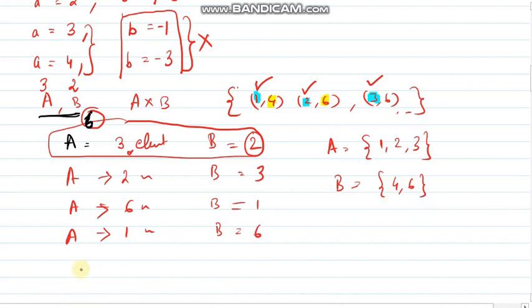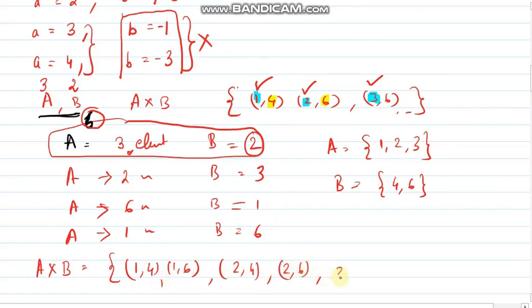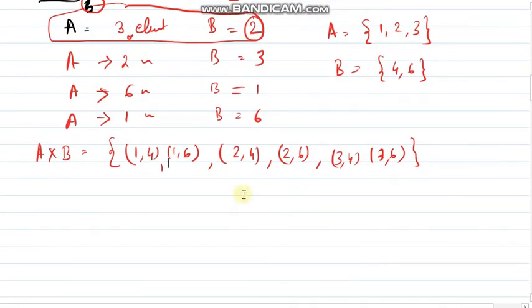So if I have to write all the ordered pairs of A cross B, it will be (1, 4), (1, 6), (2, 4), (2, 6), (3, 4) and (3, 6). So from there you can clearly say the elements of B cross A will be (4, 1), (6, 1), (4, 2), (6, 2), (4, 3) and (6, 3), right?